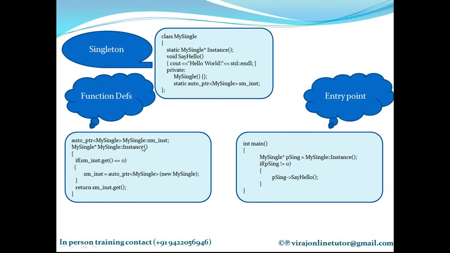Second time if someone calls the instance, this variable will already contain the mySingle object, so it will return the same object. Third time, again this variable already has the object that was created the very first time, so return that object. Irrespective of how many times I call this instance function, every time it will return the same object to the user, which was created only for the very first time.